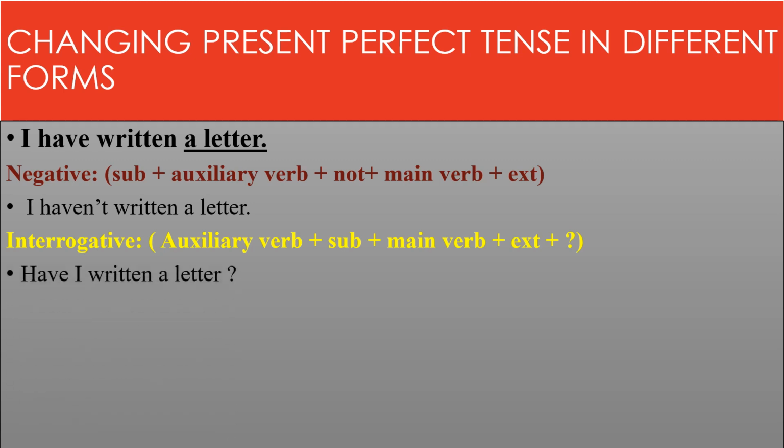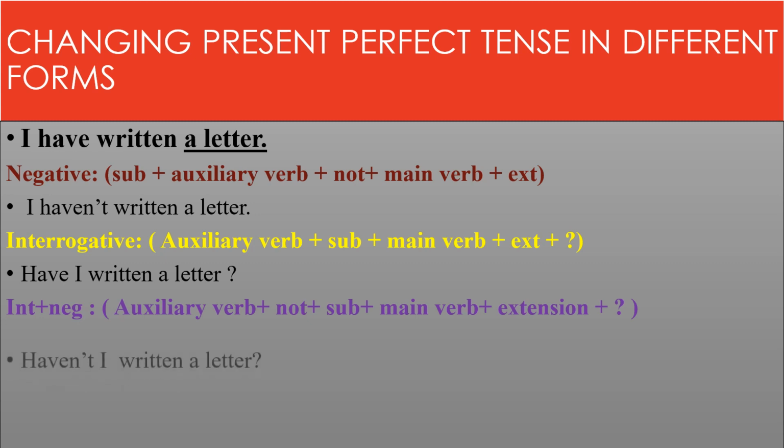Example: Have I written a letter? And interrogative negative: auxiliary verb plus not. If you want to make interrogative negative, you have to write the auxiliary verb with not before the subject, and then main verb plus extension. Example: Haven't I written a letter?